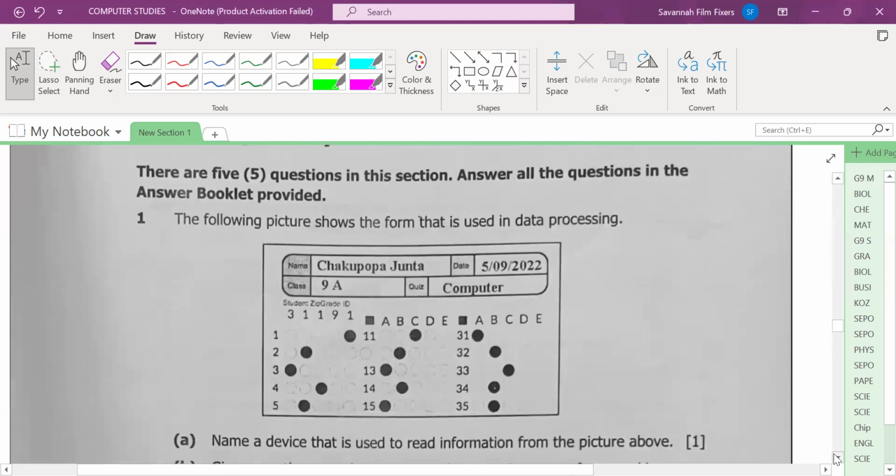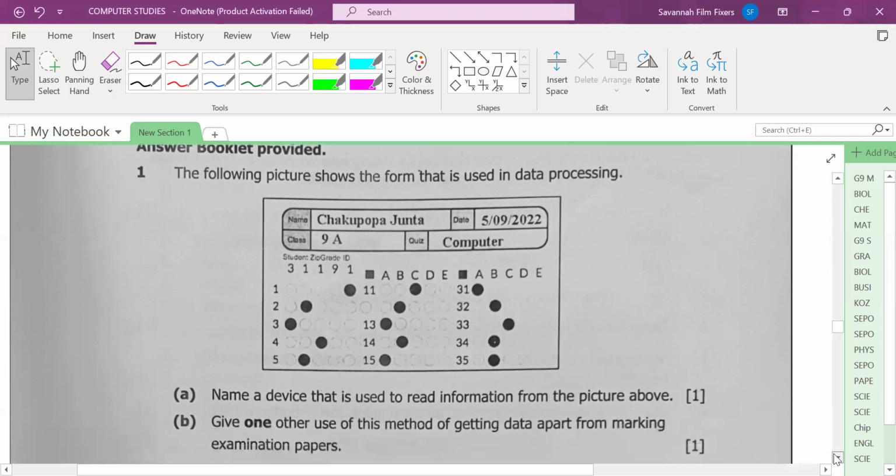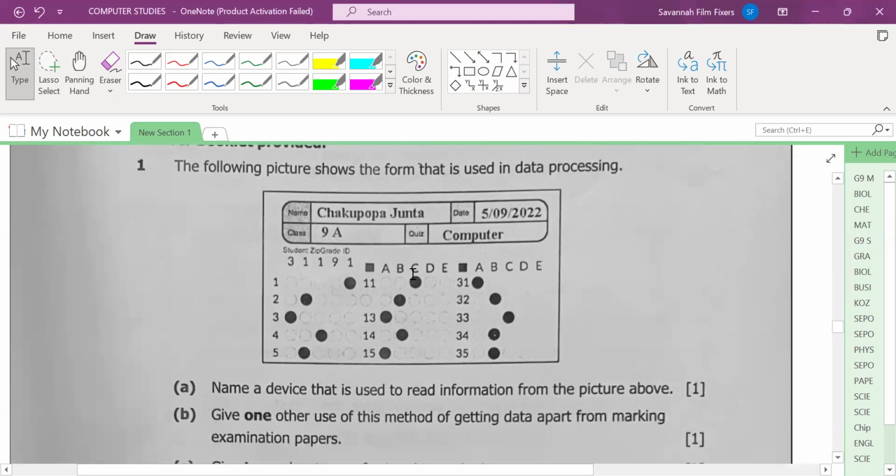So the following picture shows a form that is used in data processing. So here you can obviously see that this is a grading system. Let's say you are in a high volume situation. So you have to use certain processing methods if you are in a high volume situation.